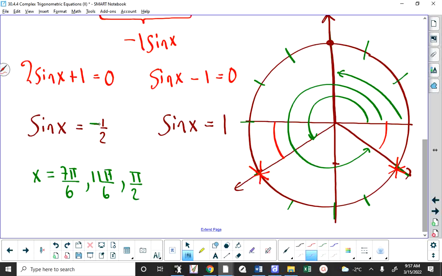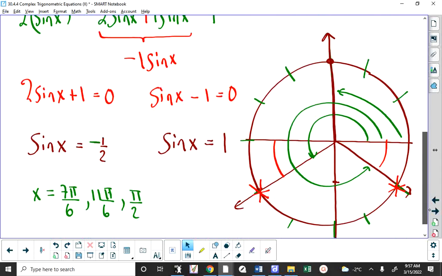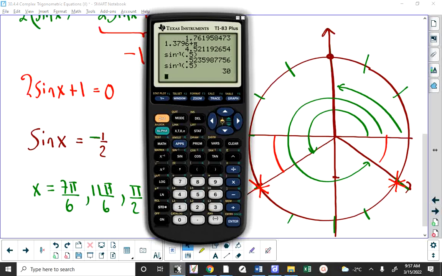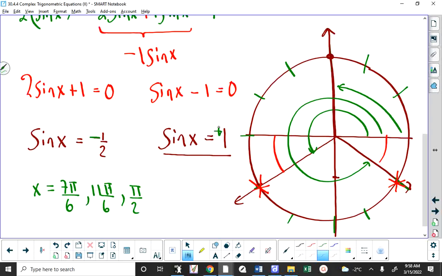What if you looked at this equation, where sine of x equals 1. Well, what's the reference angle? This gets a little strange. The reference angle is 90 degrees. So then you say, in which quadrants is sine positive?